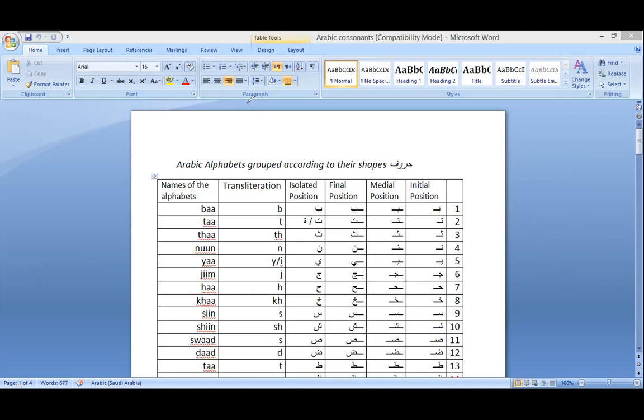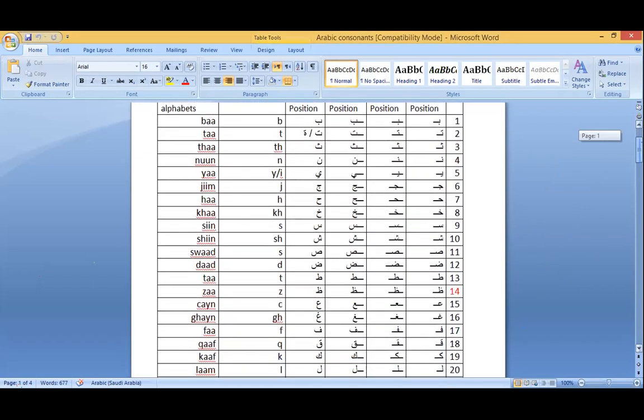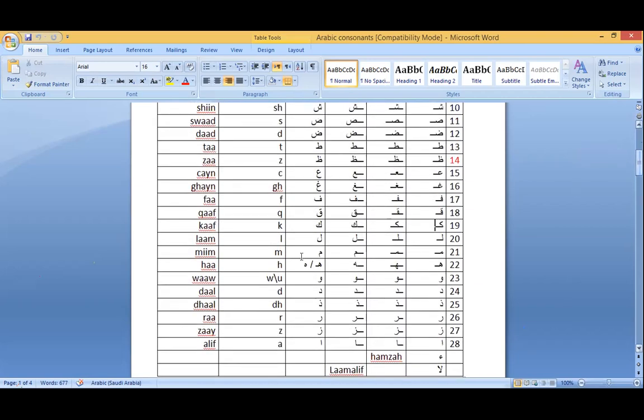how the letters are joined together, which ones are always isolated, left isolated, which ones change shapes, and the rest. So make sure you remember the letters that change their shapes. We said there are 5 letters. Ya is one of them. Ain and Ra is another one. Ka is another one. And Ha is the last letter that changes its shape.